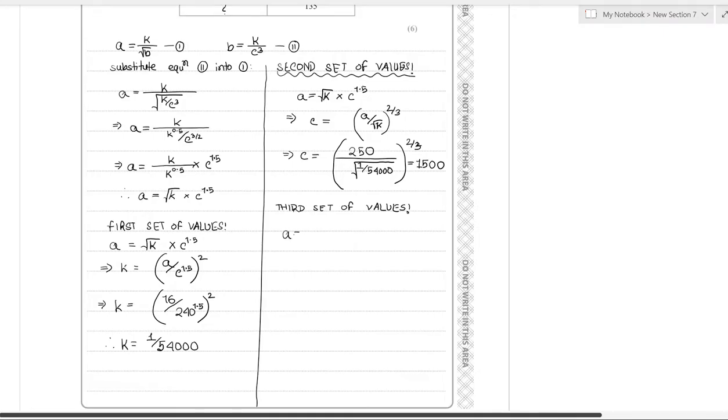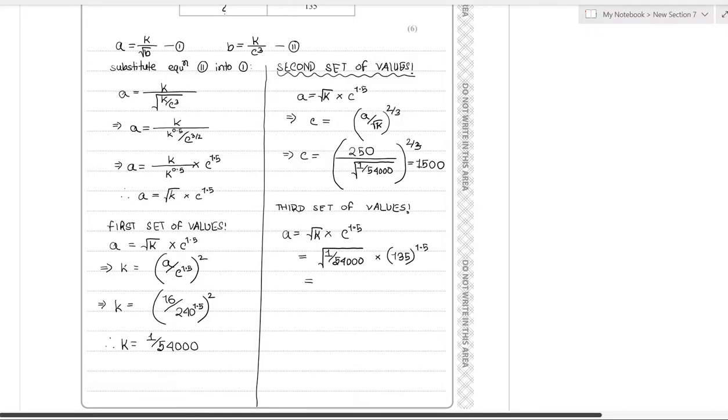So the equation is a equals root k into c power 1.5, that is the value for k is 1 over 54,000 root into the value for c is 135 power 1.5.